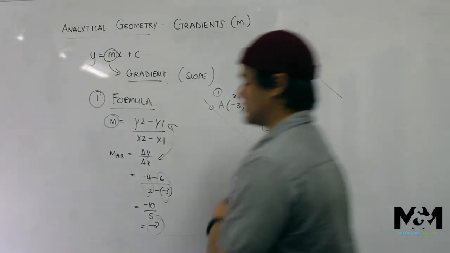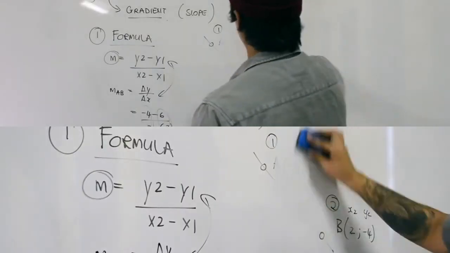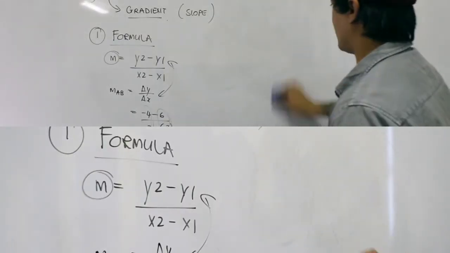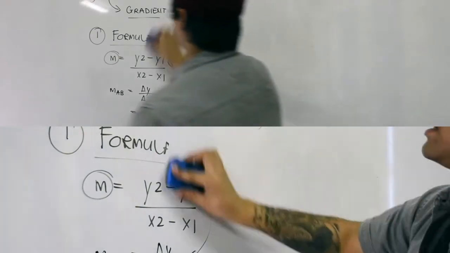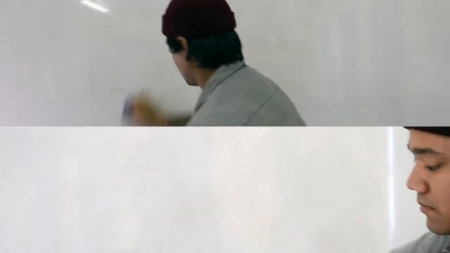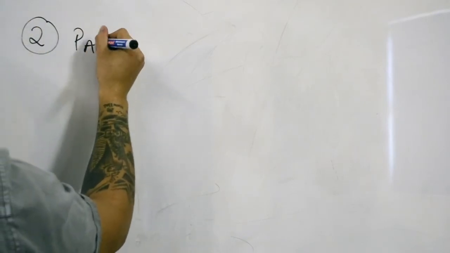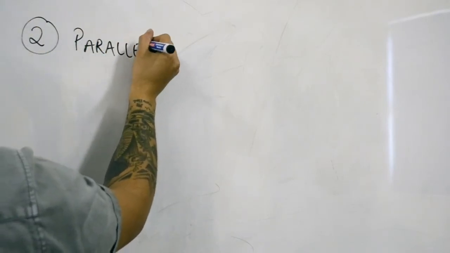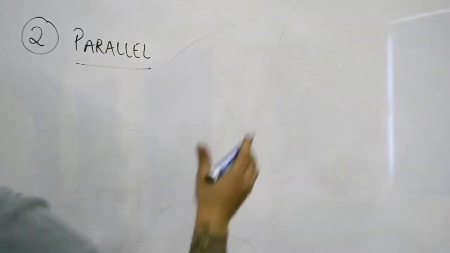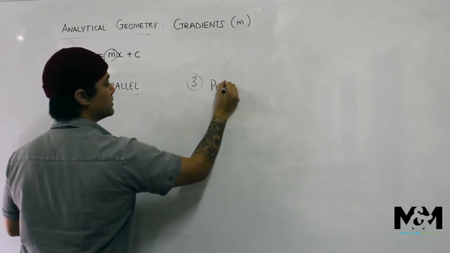Okay, let's just erase the board. The second way that we can determine gradients, well, I'll do the second and third way together. The second way is given parallel lines, or at least given the knowledge that we're dealing with parallel lines, and my third way would be given perpendicular lines.